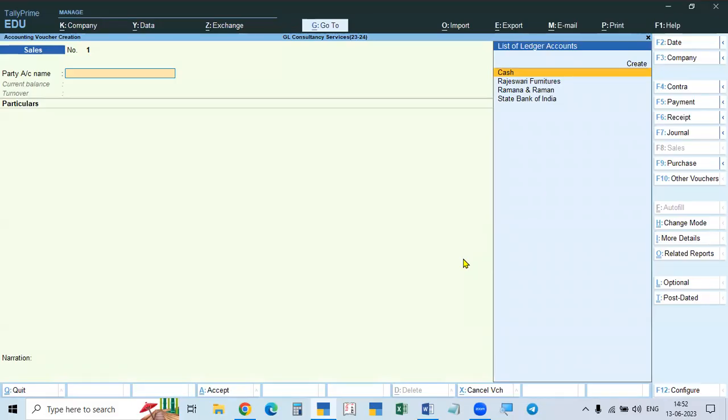And one more thing is, in the case of goods and services, for some goods, there is no problem. For services, the person who is providing the services will also buy some fixed assets. Fixed assets, if they are purchased for cash, we enter in the payment voucher.